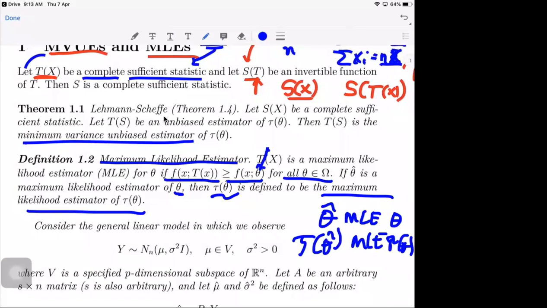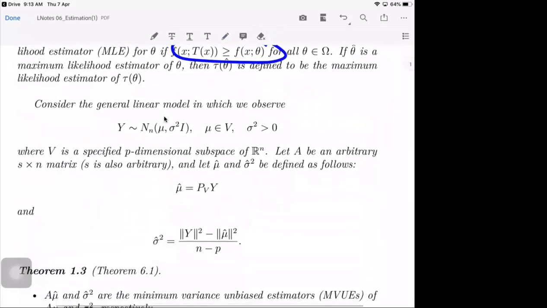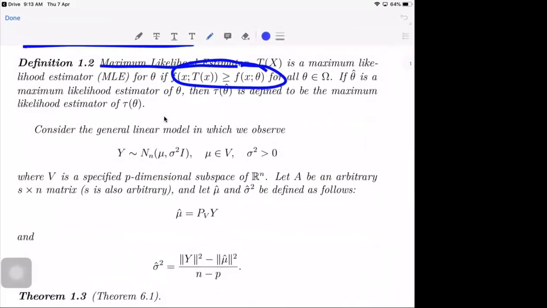Okay? So the maximum likelihood estimator will base its conditions on the probability density function. So when we solve for the MLE, we look at the probability density function of the distribution of X. So in general, let us consider the linear model in which Y is normally distributed with mean mu and variance sigma squared I, where mu is in V and sigma squared is positive, and V is a specified p-dimensional subspace of R^n.